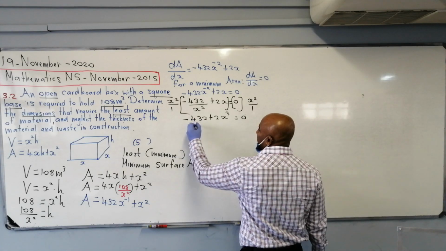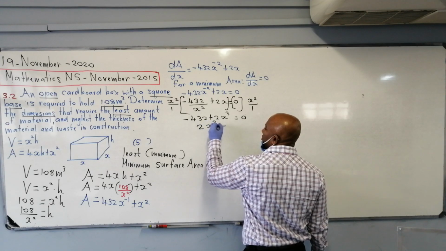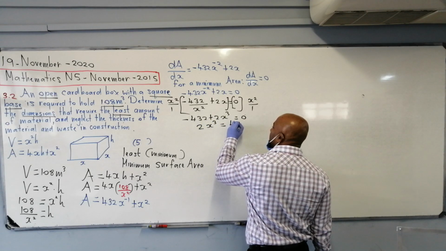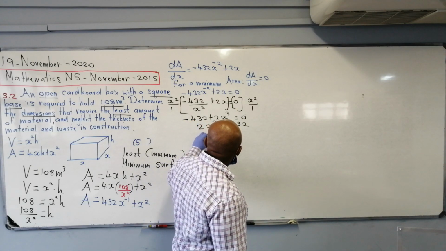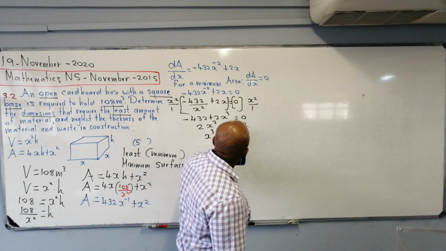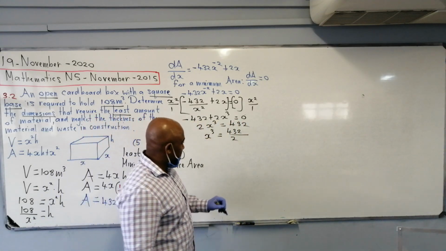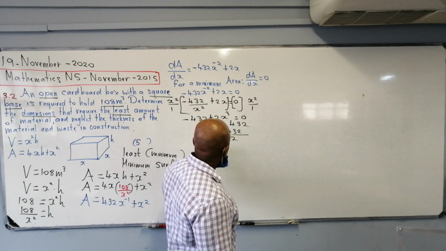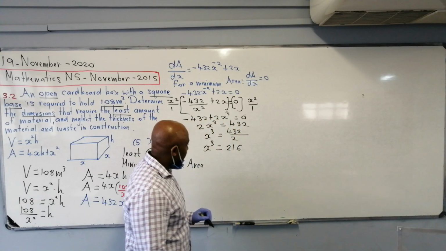Right, so I'm going to take 432 to the right. So 2x cubed is equal to 432. So therefore, x to the power 3 is equal to 432 divided by 2. So x to the power 3 is equal to 216.